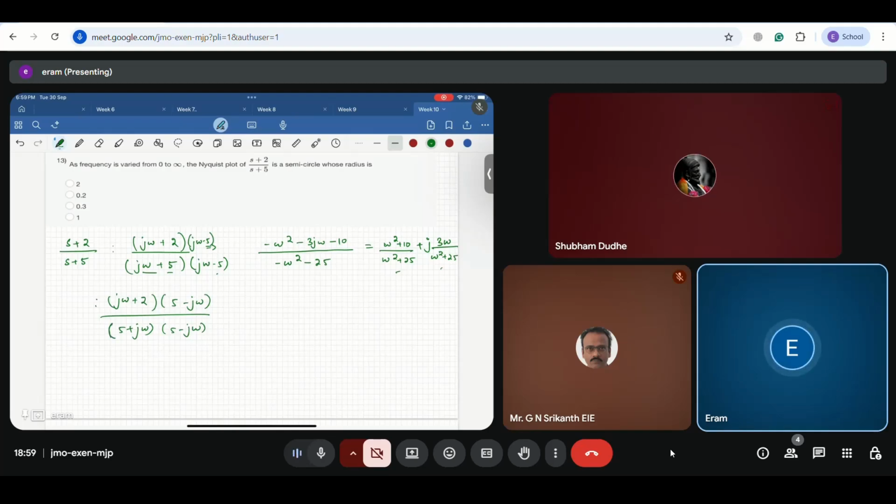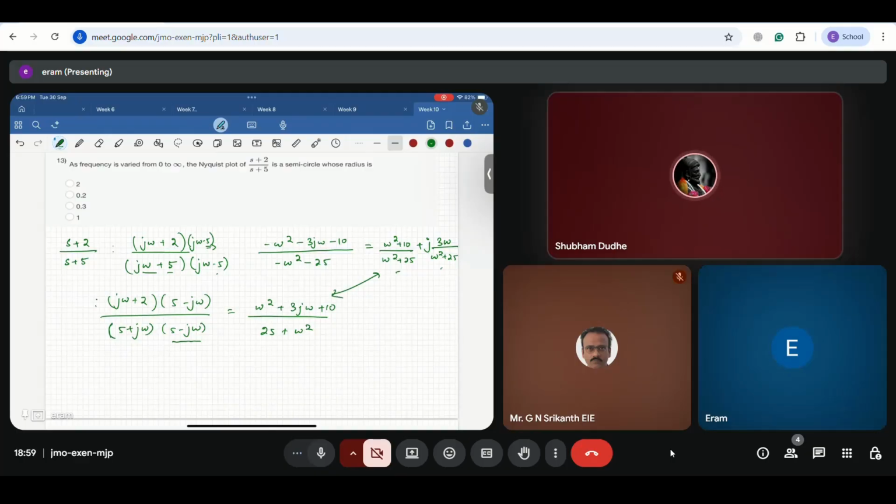You have used the factor 5 minus jω, right? In that case, you will have 25 plus ω² in the denominator, and in the numerator you will have ω² plus 3jω plus 10. So both of them are the same.